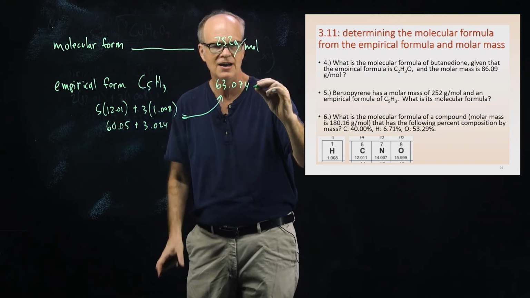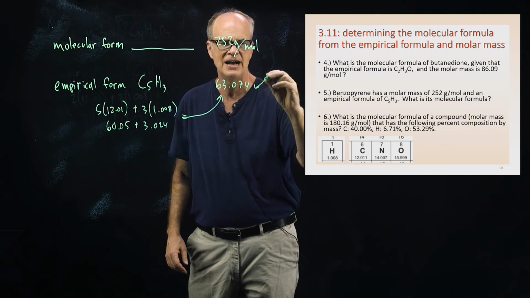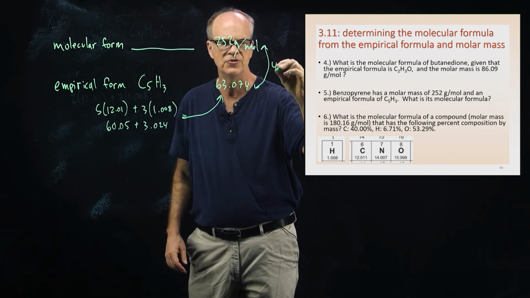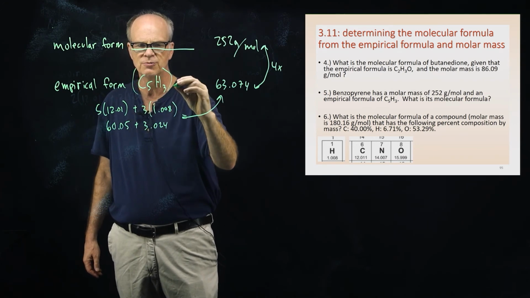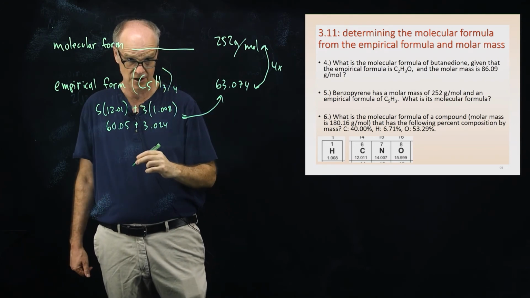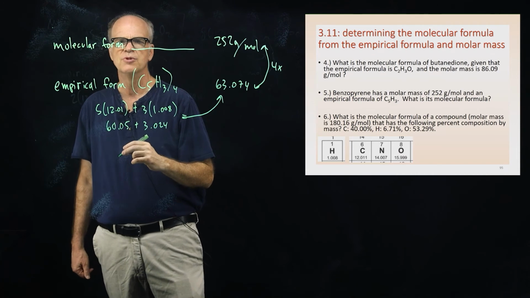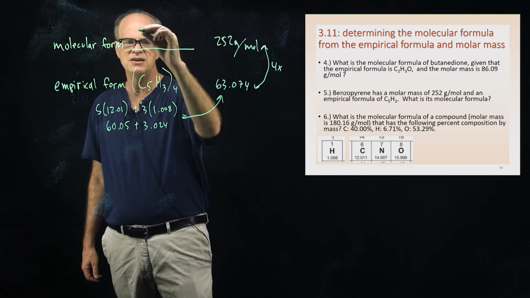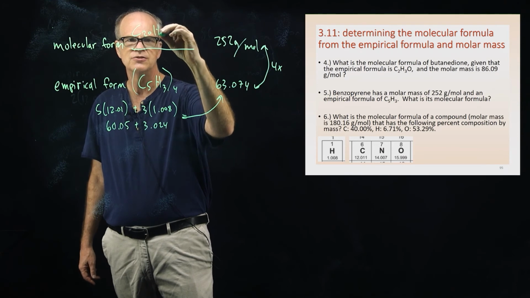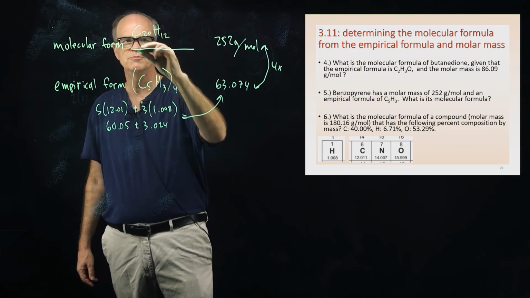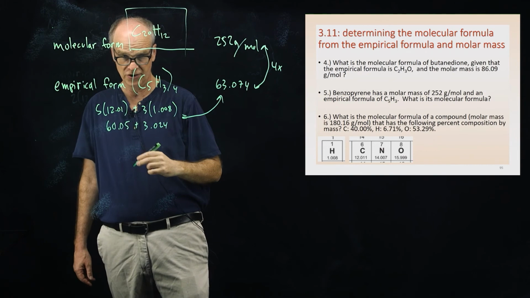Okay. So I basically see that the molar mass of the molecular formula is 4 times the mass of the empirical formula. So what we need to do is take this empirical formula and multiply all the subscripts by 4. So the molecular formula for this compound should be C20H12. That should be the answer. Okay, let's move on to the next one.